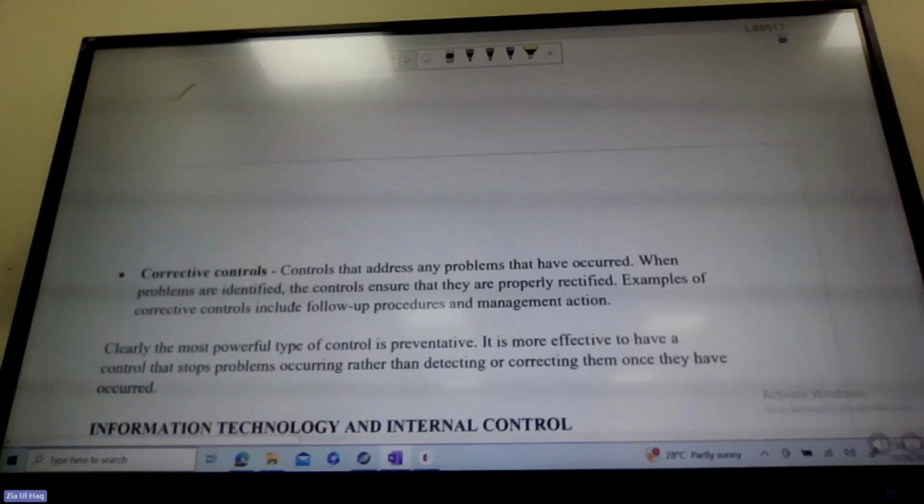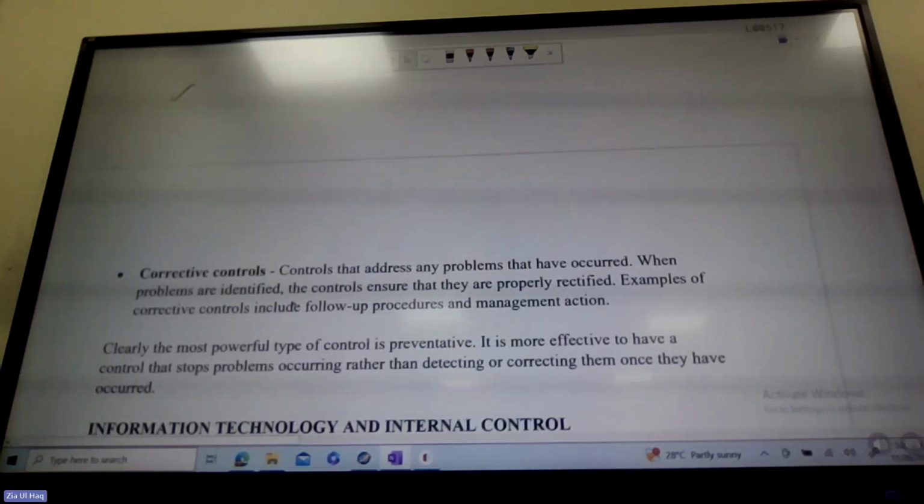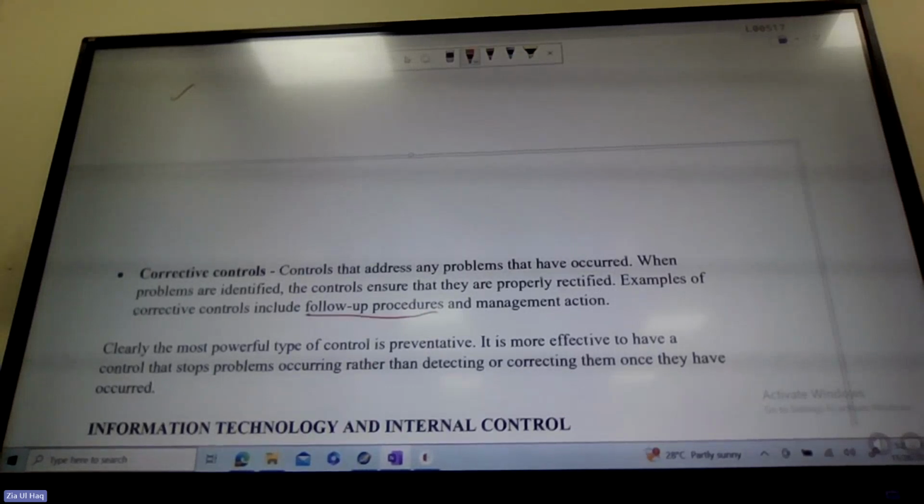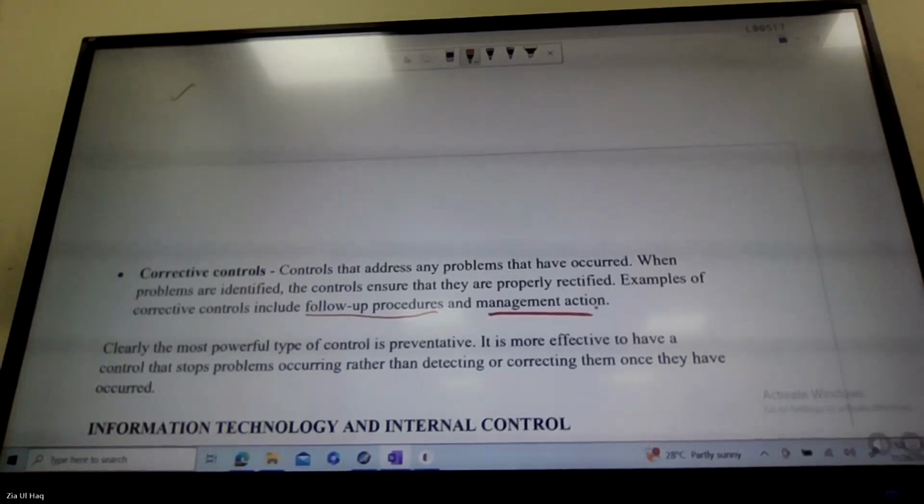Those are things processed after finding the problem. Controls that address any problems that have occurred. When problems are identified, the controls ensure that they are properly rectified. Examples of corrective controls include follow-up procedures. After implementing a procedure, you follow up on whether it is working properly or not, and take action against highlighted weaknesses.